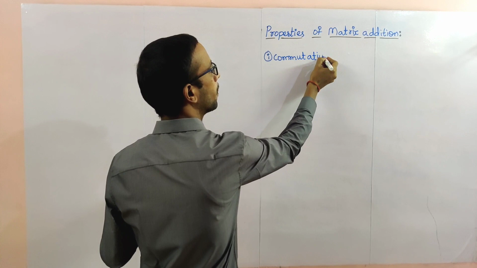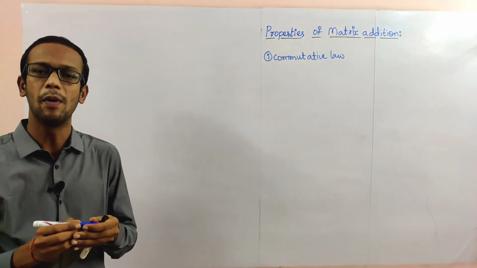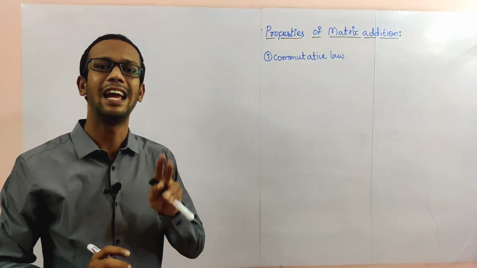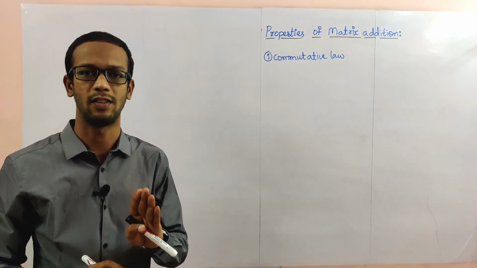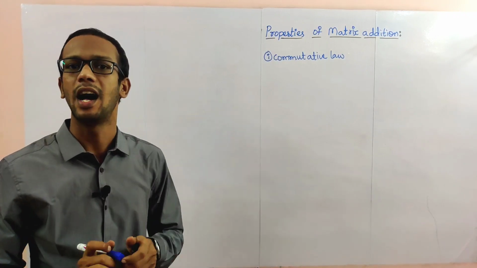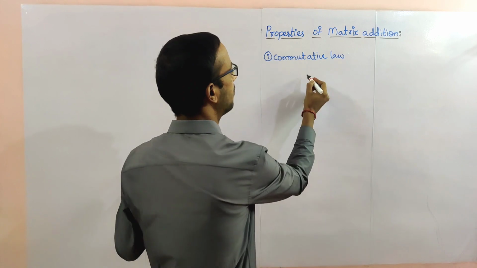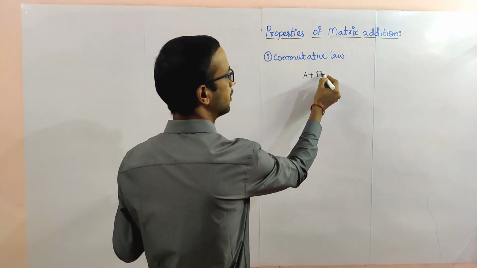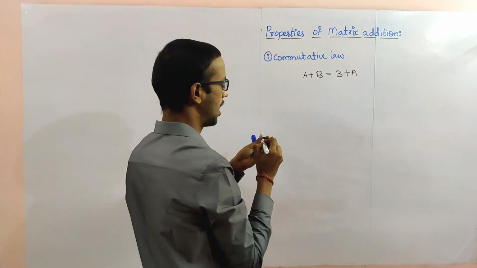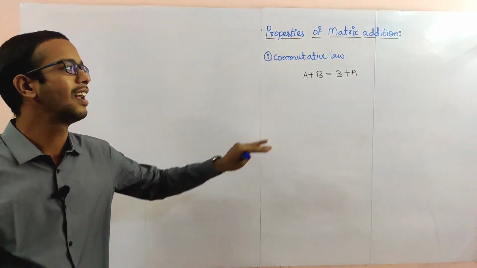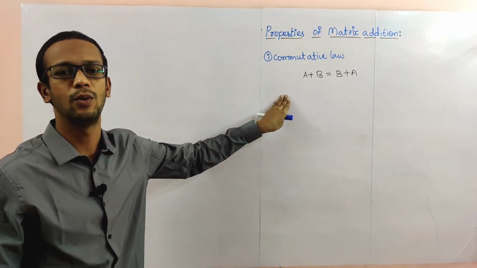If A and B are two matrices of the same order, addition means compulsorily the same order, then A plus B and B plus A are both the same. You will get the same result. This is called the commutative law.